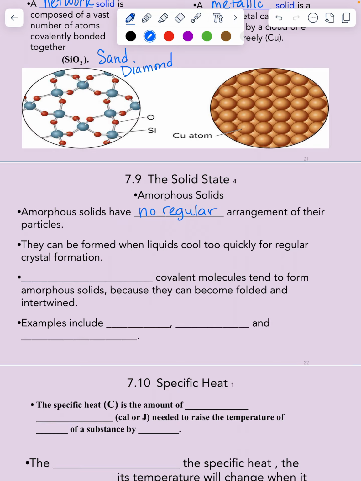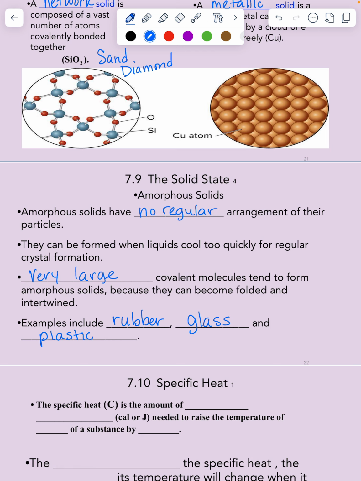Some examples: we have rubber, like the rubber on your car tires, or glass, or even plastic are examples of amorphous solids. So the main difference between the two is that crystalline solids have this repeating pattern to them, and amorphous solids do not.